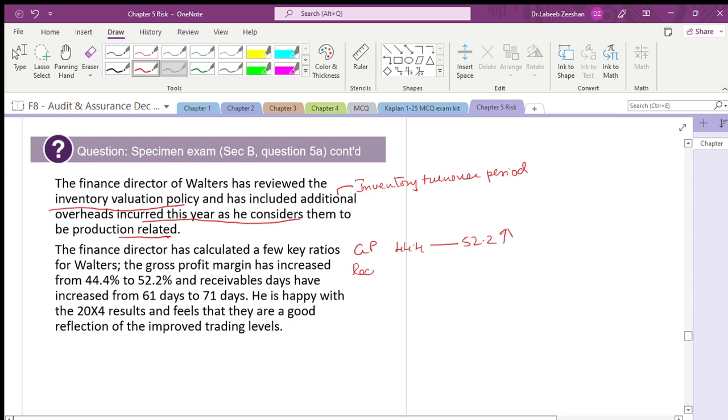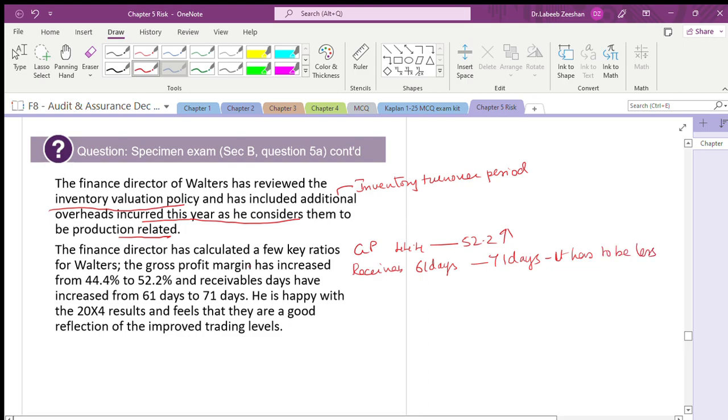Receivables have increased. Previously we used to get the amount within 61 days. Now we are getting the amount after 71 days. Whether it is feasible is a big question mark. The receivables period has to be decreased, it has to be less.